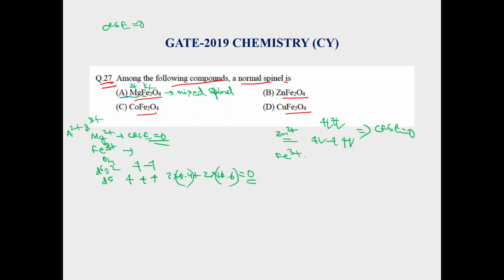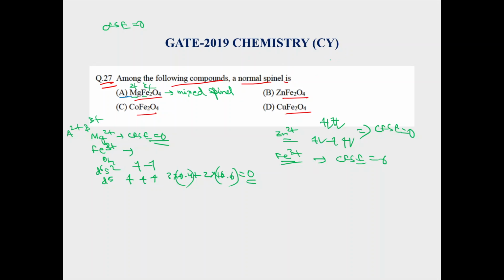We already found out that for iron in plus 3 oxidation state, in an octahedral complex, it will be 0, right? So in this case also we can see that both A2 plus and B3 plus have 0 as their crystal field stabilization energy.